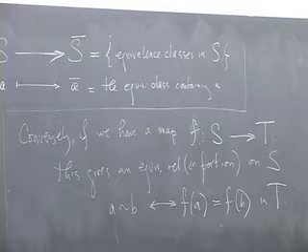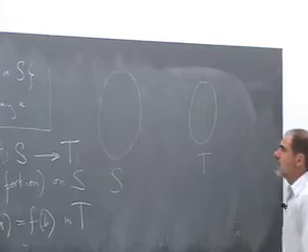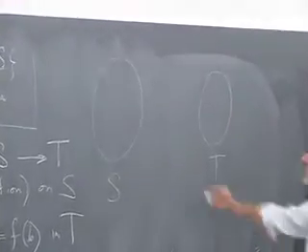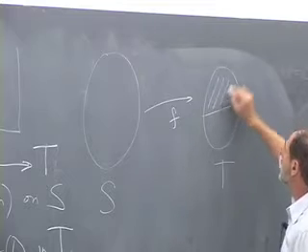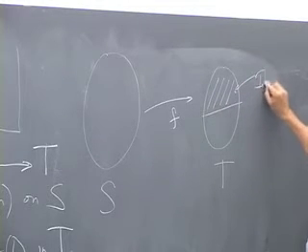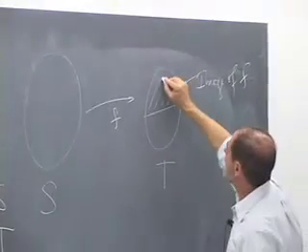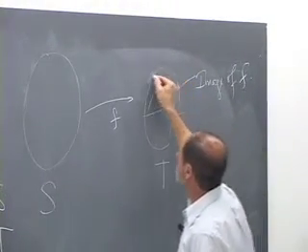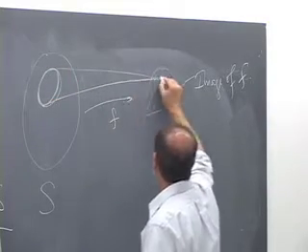And so you might look at it this way. Here's S. Here's the set T. Now, the map may not be surjective. Let's suppose that the image of it is this part of T. For every element in that image, you look back and see all the things in S that map to it.